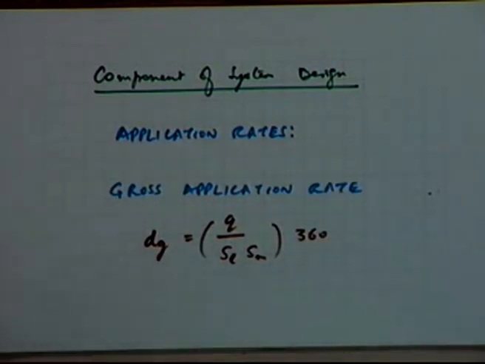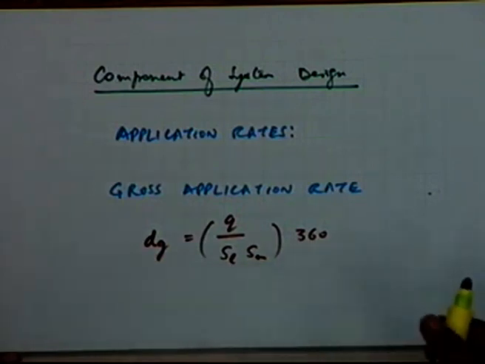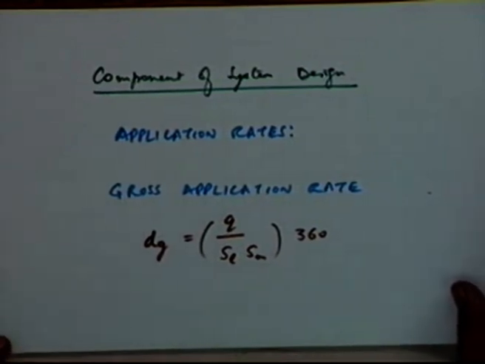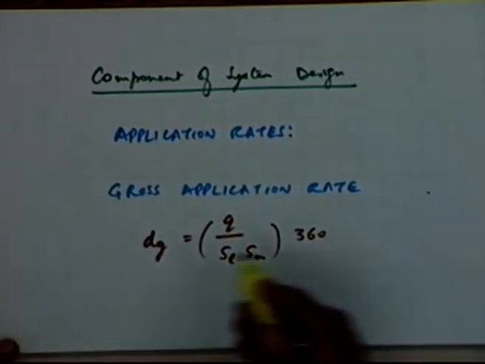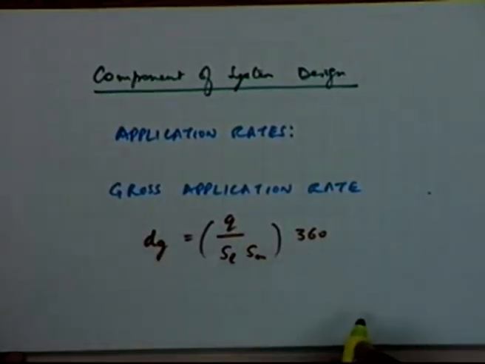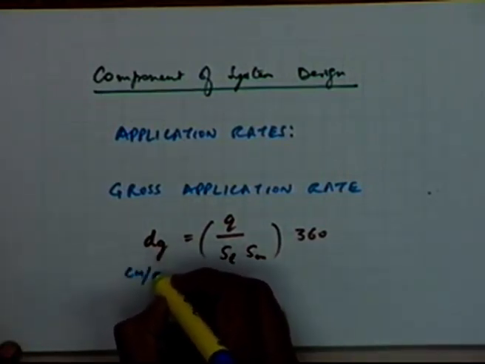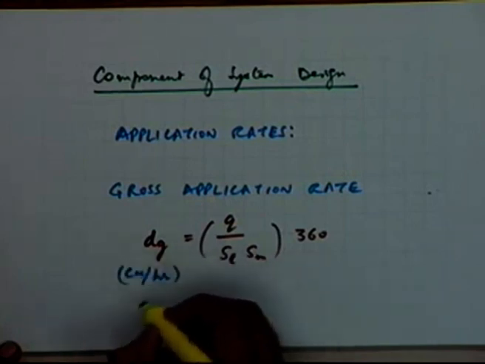In this expression, the dg is the gross application rate and is given in centimeters per hour.